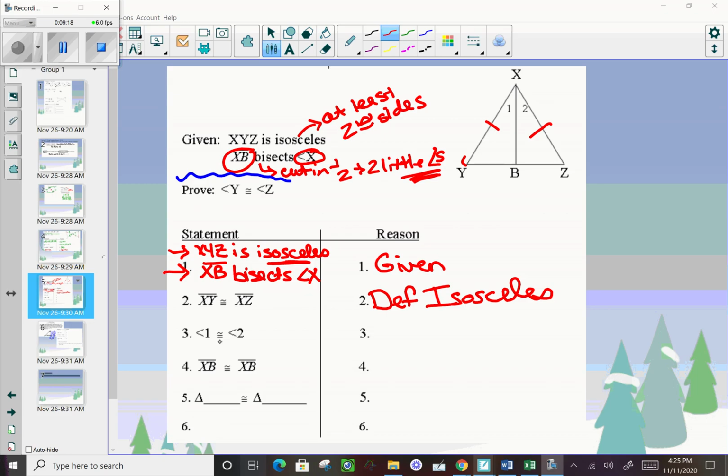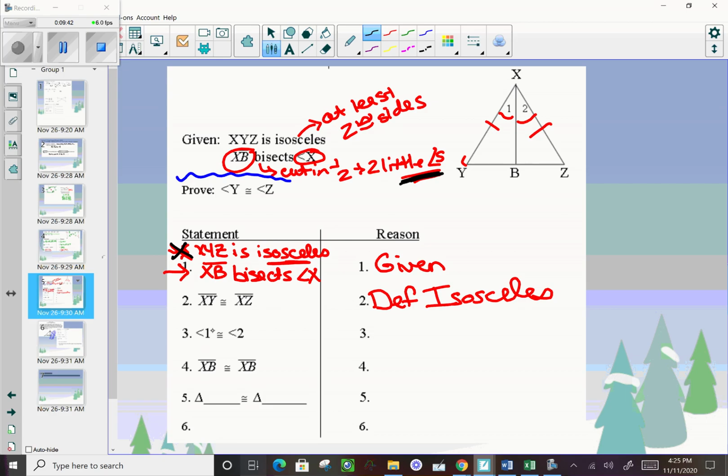All right, so then we're on step 3 where it's angle 1 is congruent to angle 2. Well, that's kind of random, huh? Just two random angles. Why would they have to be congruent? Well, I've already used the first part of my given. I used XYZ as isosceles. So let's think about the second part. Segment XB bisects angle X. Again, we said that bisecting was going to give us two angles.